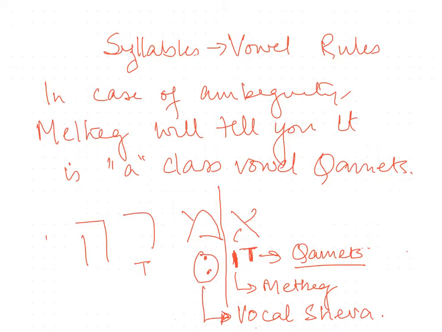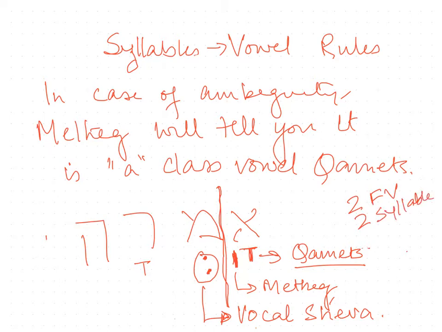The metheg will tell you that it's a kamets, number one. If there's a sheva following it, the sheva is a vocal sheva. You can look at the rules on metheg to understand this. Please, this is an important rule. And if it is a vocal sheva, you know a vocal sheva begins a syllable, so I can safely say that the syllable cuts after the metheg here, which I have done exactly. So now the next syllable starts, and these are two full vowels, and you have two syllables here.